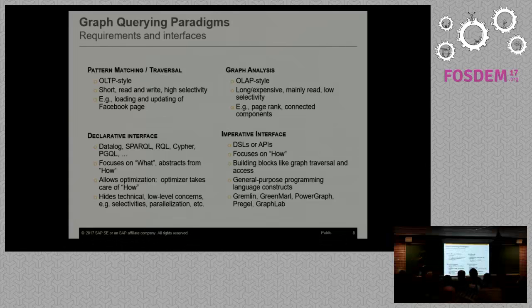The second type of query is the graph analysis. Usually these graph analyses are much more complex. They touch the whole graph, and they are usually read-only. Typical examples are PageRank or connected components.